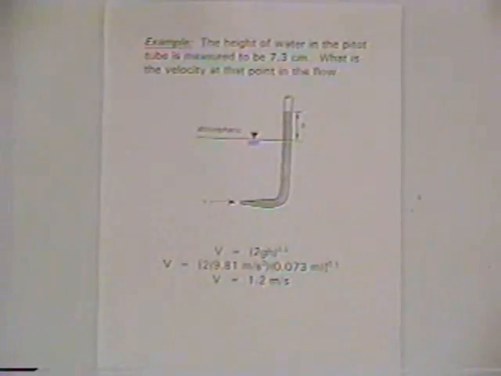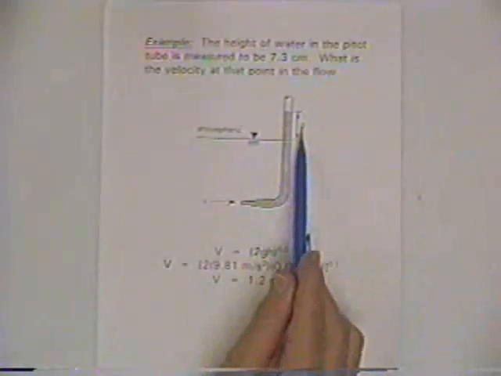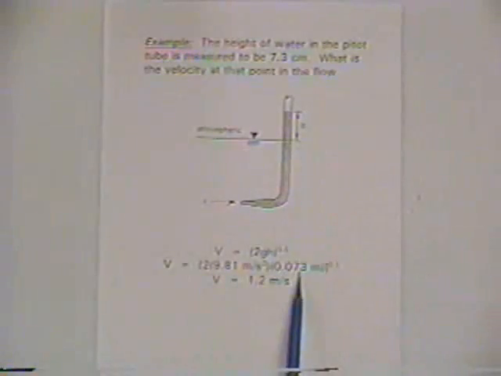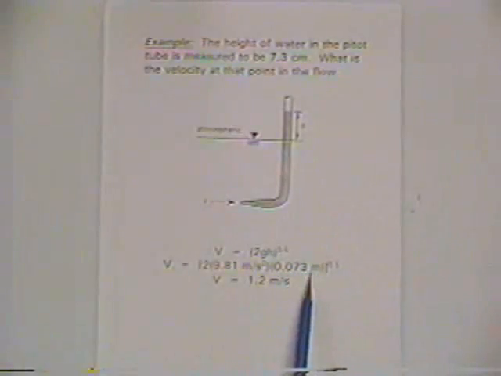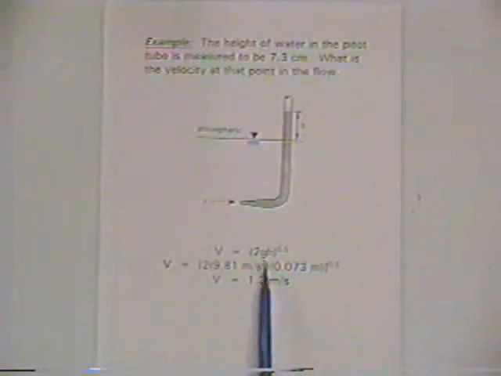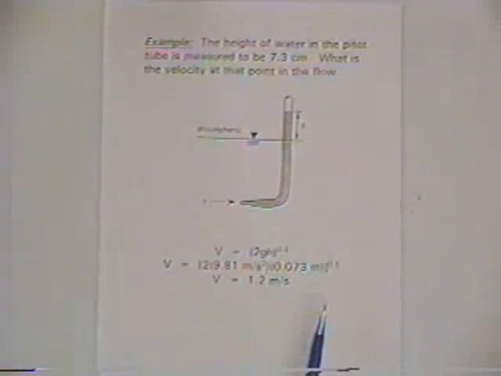All the problems are the same for a pitot tube. You start with the energy equation. It's going to come down to this equation from the previous page of notes. And so we just plug in our measured 7.3 centimeters here, get the units consistent. We plug it in meters, since we're going to be using meters per second squared for the acceleration of gravity, and we get a velocity of 1.2 meters per second.